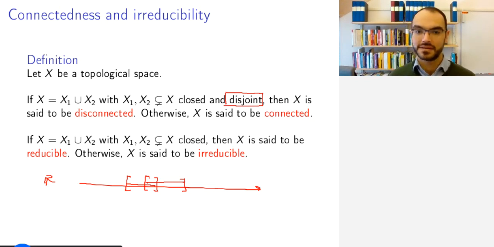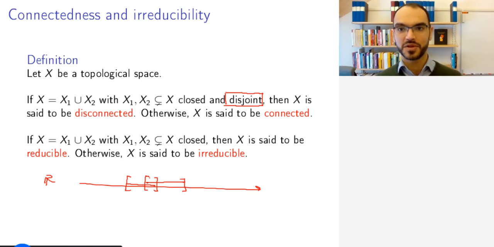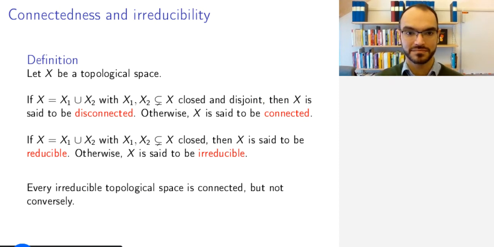And indeed, this is the case for that kind of topology, but for the Zariski topology, this is not the case. We will see the peculiarities of the Zariski topology very soon. And so from the definition, it follows that every irreducible topological space is connected, but not conversely.